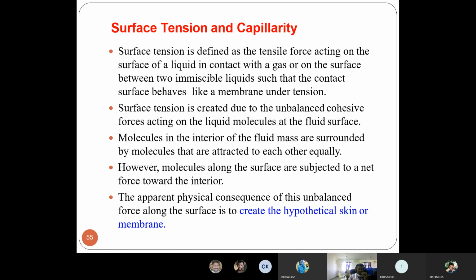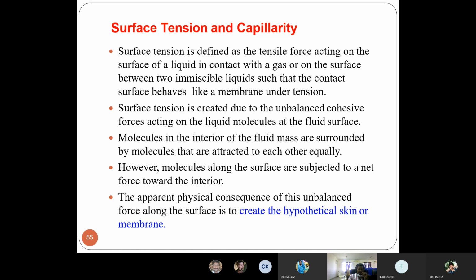The contact surface will act like a membrane, and this membrane is always under tension.